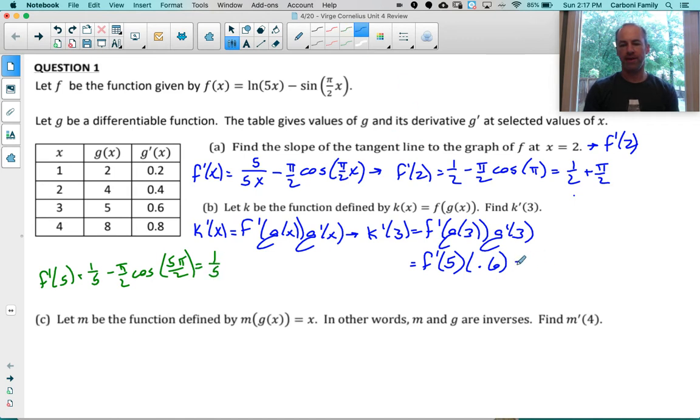And so my final answer is going to be 1/5 times 0.6, and I see no need to clean that up. It would simplify a little bit if you want to, but I'm not going to bother.